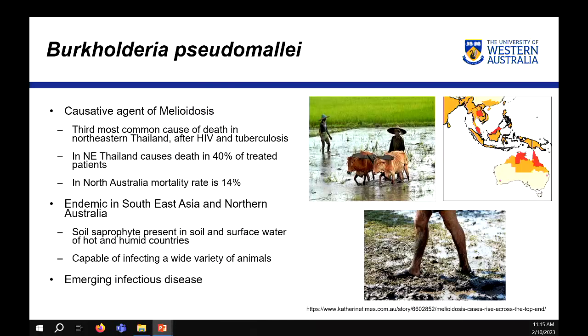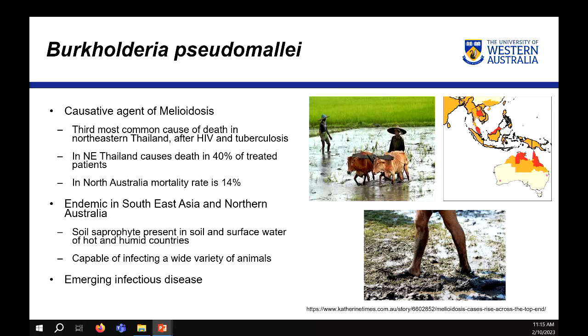So just a little bit about the disease. As I said, it causes melioidosis. It's the third most common cause of death in Thailand after HIV and tuberculosis. It causes about 40% mortality in Thailand. Here in Australia, it's about 14%. The thing with Burkholderia pseudomallei is that it's really highly antibiotic resistant. It has these efflux pumps, and it just pumps all the chemicals outside. So treatment is really hard.